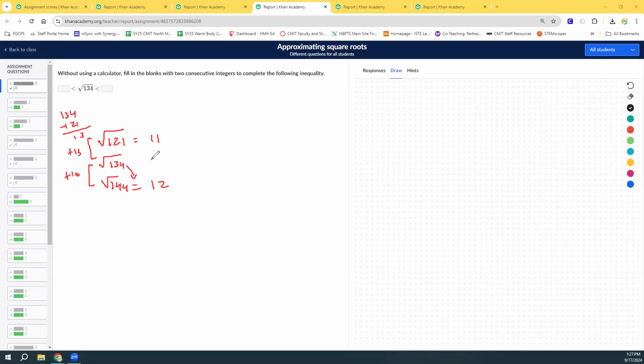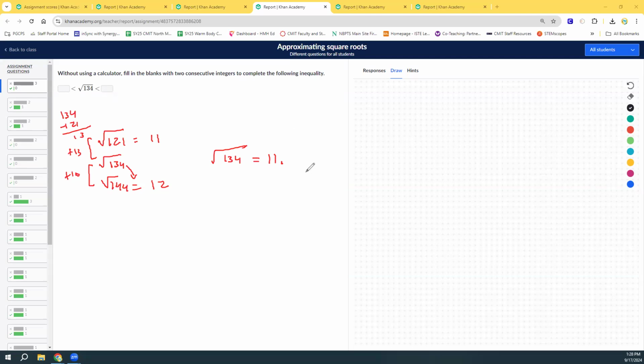So what is it going to be? What is the square root of 134? It's closer to 12, but remember 12 is bigger than it. So it's actually going to be 11 point something. If it was directly in the middle, it would be 11.5. But it's not directly in the middle. It's a little bit above the middle.